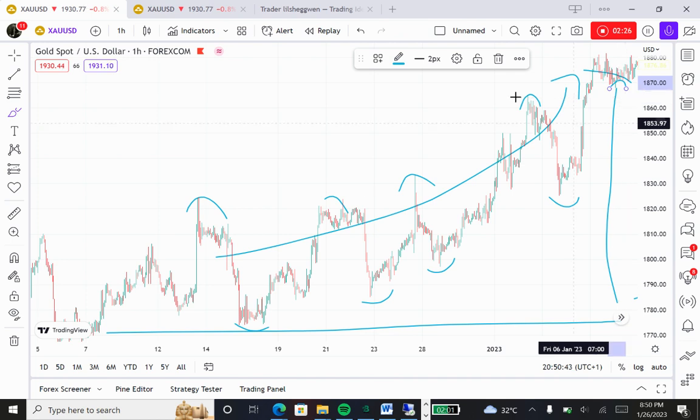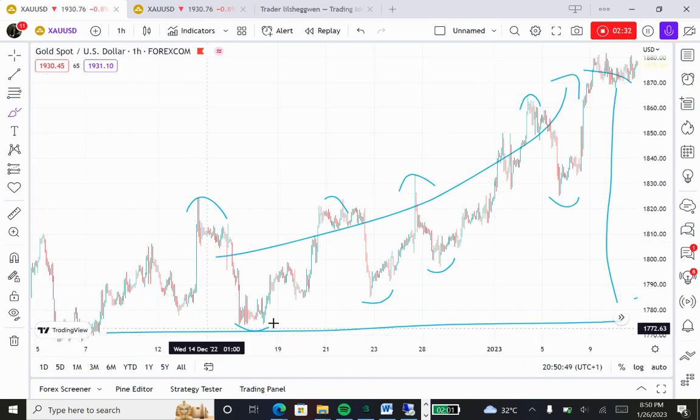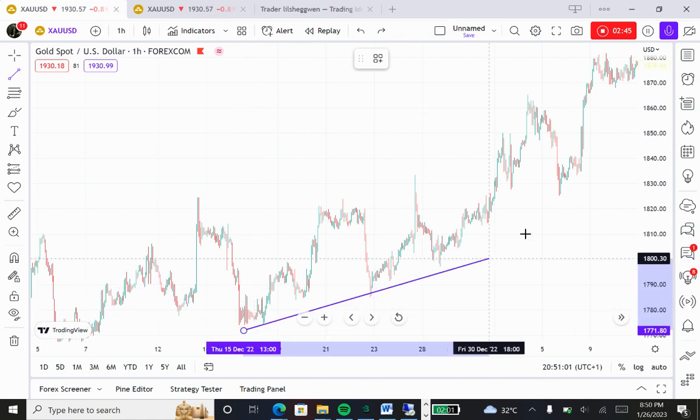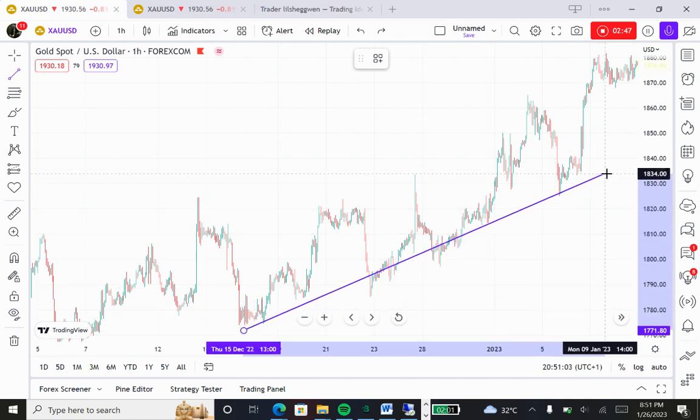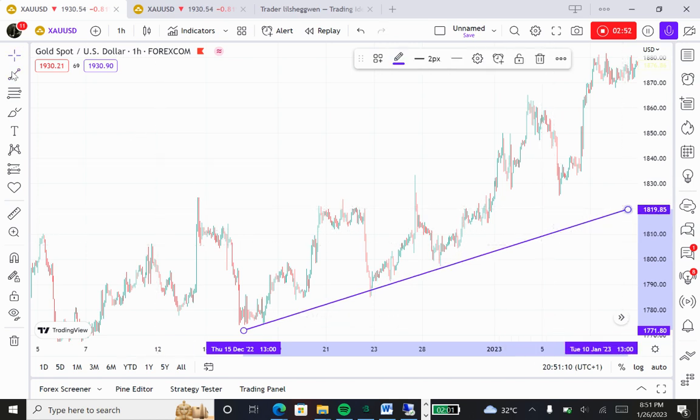Now, in an uptrend there are several ways to trade a trend. Because this is an uptrend, one of the ways you trade a trend is for you to draw your trend line. Your trend line means you connect the lows. If you draw something like this, you are correct.